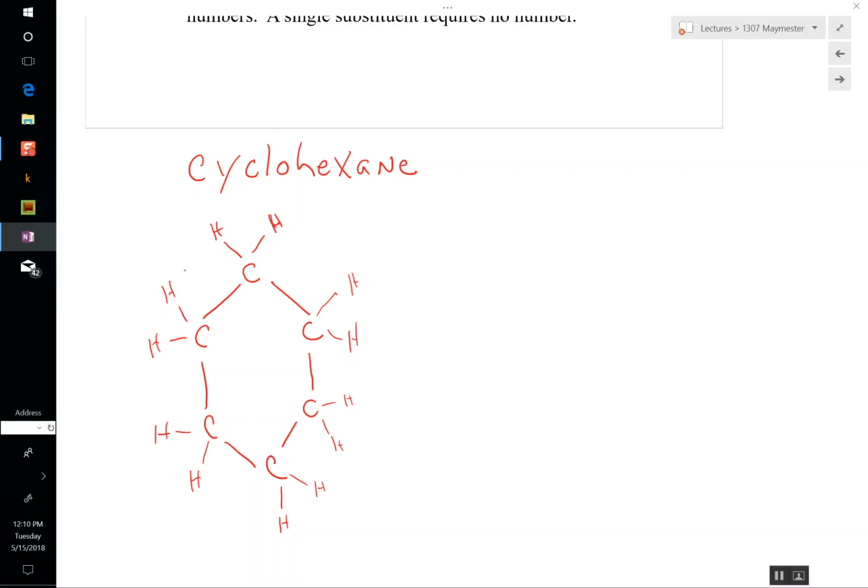There's the model, there's the structural formula, and you're going to love the line formula. That's the line formula. 6-membered ring. We ignore the hydrogens. We draw the outline of the carbons. And these are all cyclohexane.